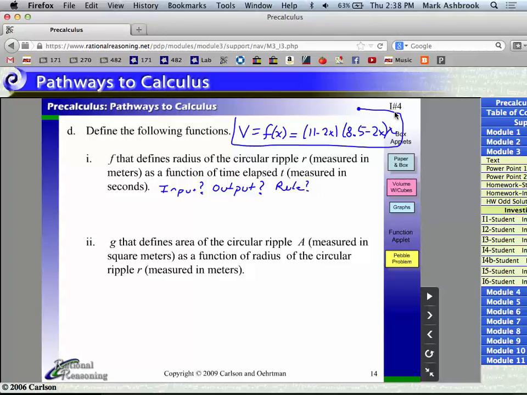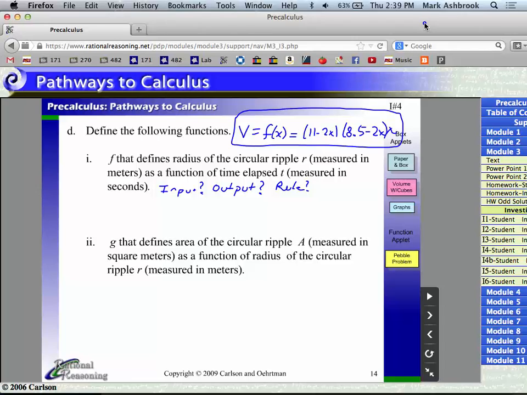What was the input? And x stood for what? Cut square, cut out side length. And the output was? Volume of the resulting box. So now I ask you again, the rule in a function definition, is it in terms of the input variable or is it in terms of the output variable?